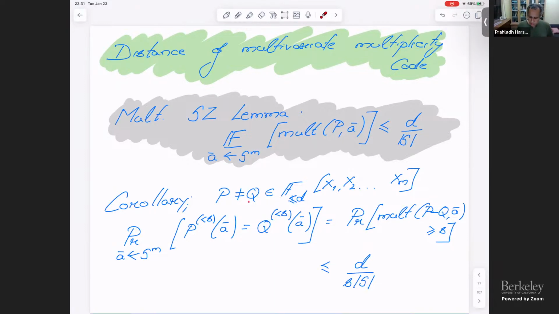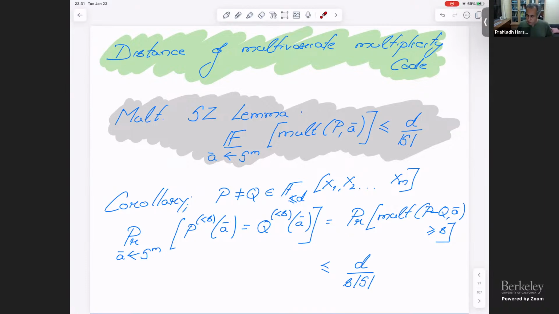In particular, if you take two different polynomials P and Q, which are distinct, we are asking what's the distance of the code. You're asking how many times, rather 1 minus the distance is how many times are the Hasse derivatives at a random point A equal for the two distinct polynomials.